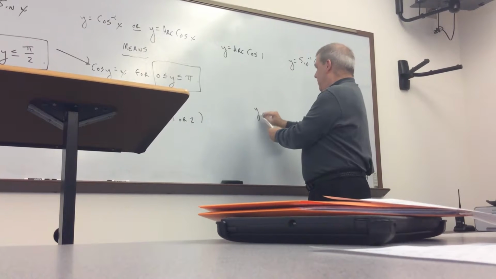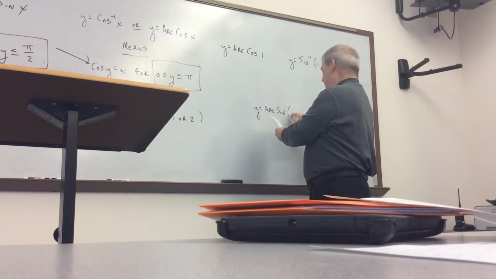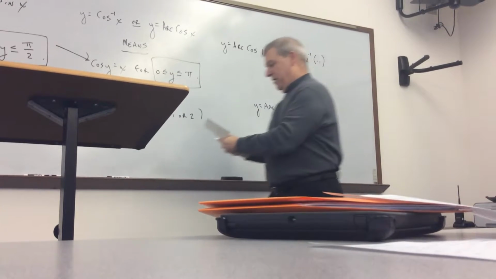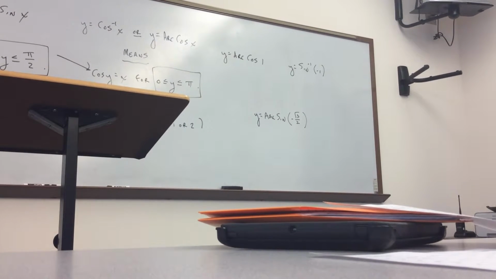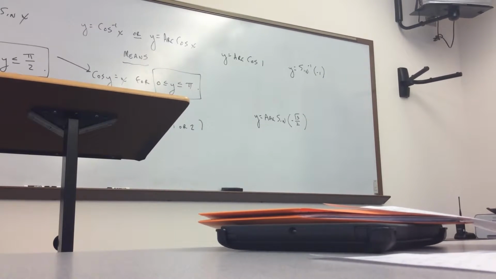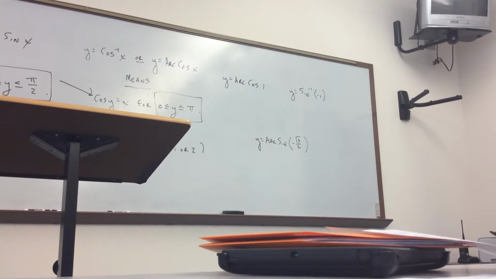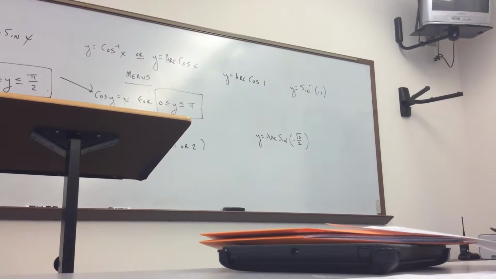And then down here, y equals arc sine of negative radical 3 over 2. All right, that's going to finish what I want to do.